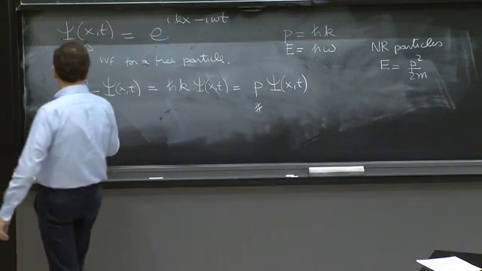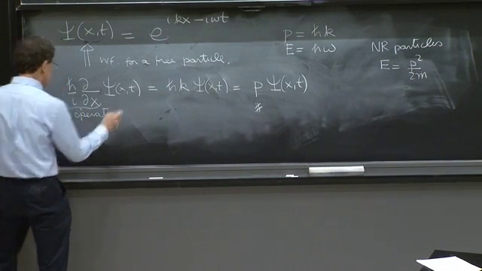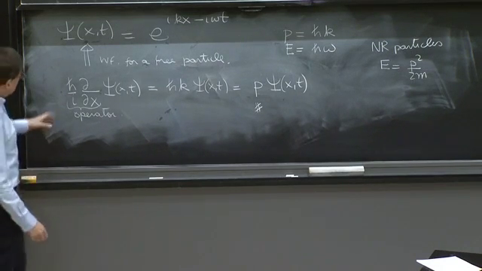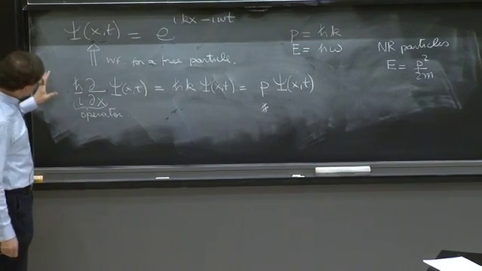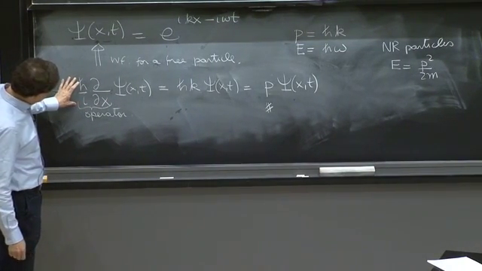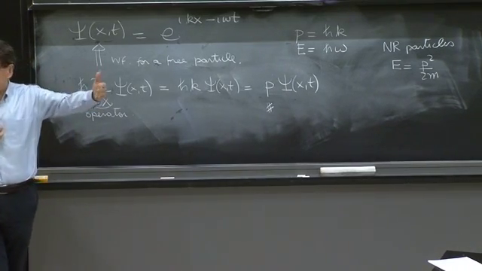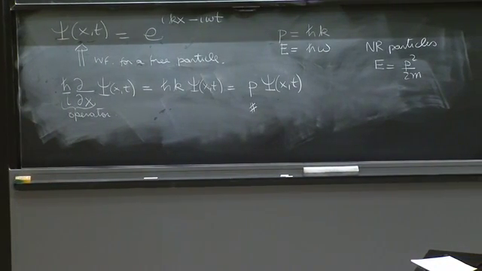Here you have an operator. An operator just means something that acts on functions and gives you functions. So taking a derivative of a function is still a function, so that's an operator. So we are led here to think of this operator as the operator that reveals for you the momentum of the free particle.